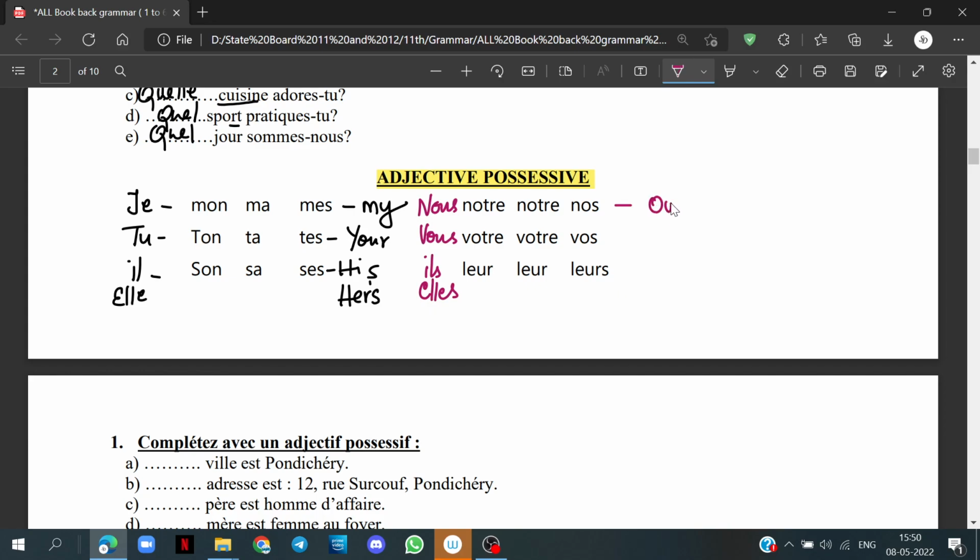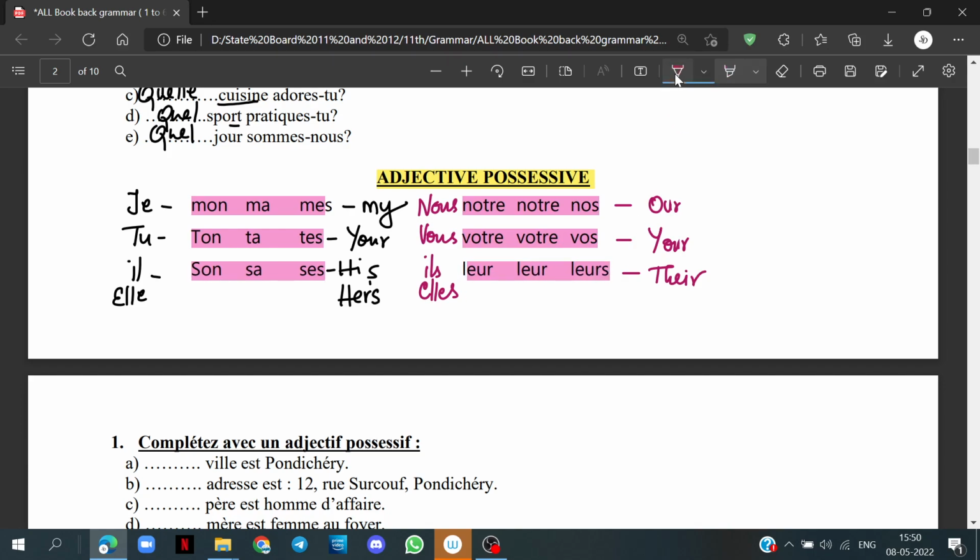So this will be our, this will be your in plural, and this will be their or theirs. So this tabular column of mon, ma, mes, ton, ta, tes, son, sa, ses, notre, nos, votre, vos, leurs has to be remembered clearly. This is for masculine, feminine, and plural. Same way here, this is masculine, feminine, and plural.